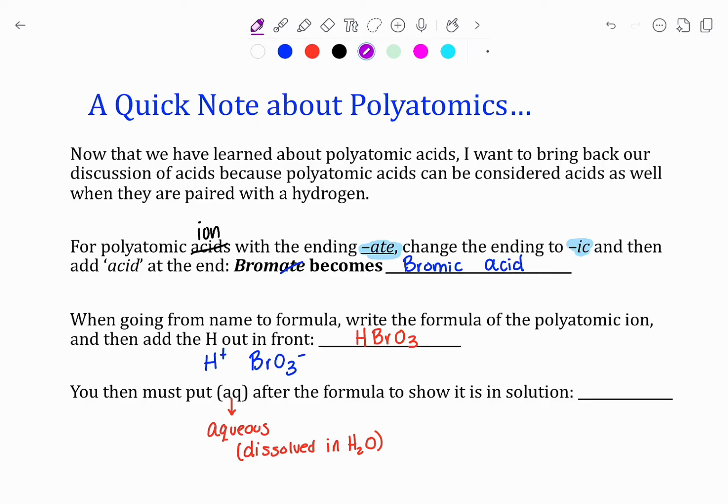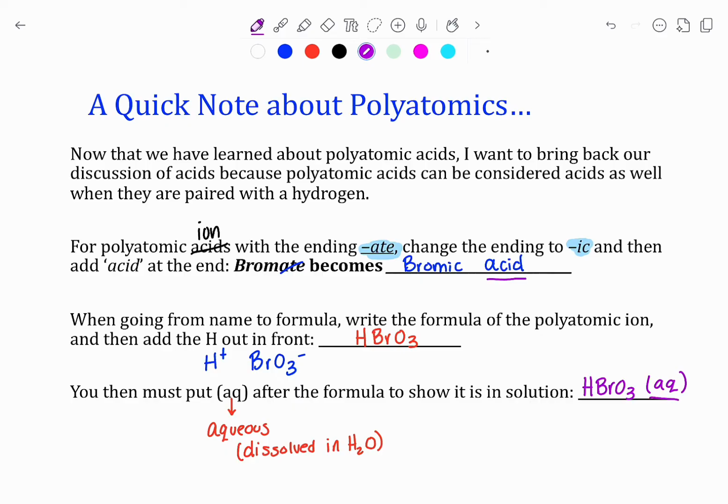So HBrO3 would become HBrO3(AQ). So if you ever see the name acid, that automatically means that it is in solution and your formula needs the AQ at the end.